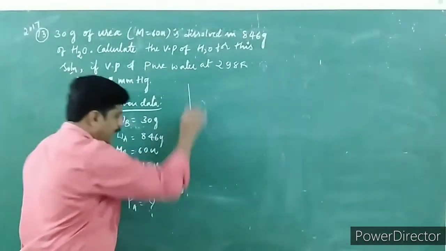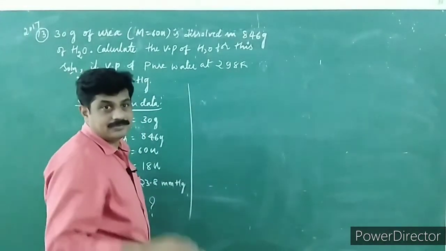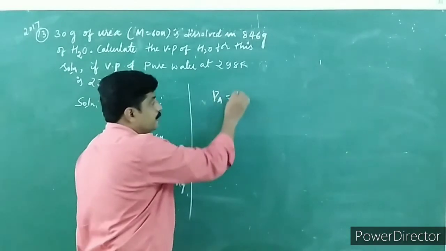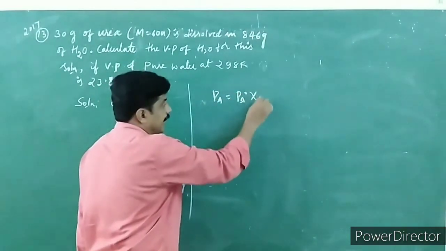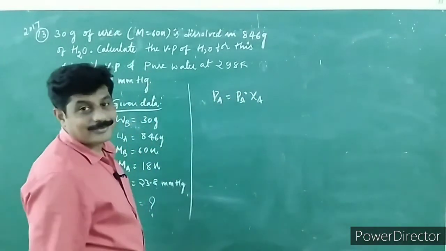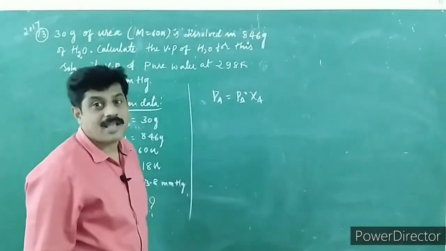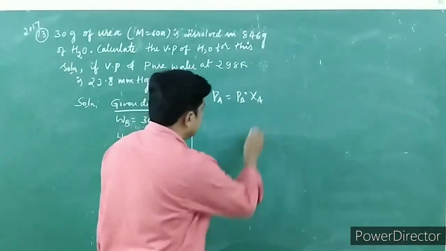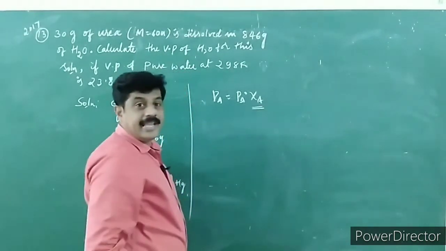Now, you know the expression: PA is equal to PA naught into XA. What is this expression? Raoult's law. Now, let me go for XA.